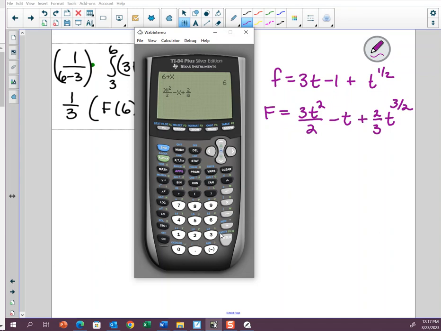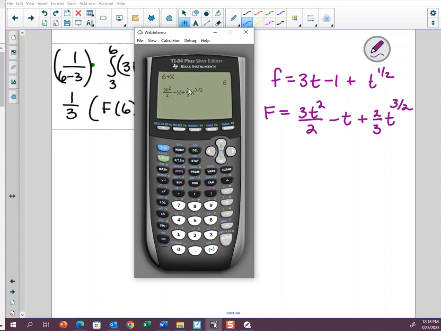Now, when you've got these fractions times variables, you can do a couple different things. You can put the variable up in the numerator, or you can put sort of the fraction out front of the variable. So you can see my 2/3 x to the 3/2 I've done, and I've done this one a little differently. Just two different versions.